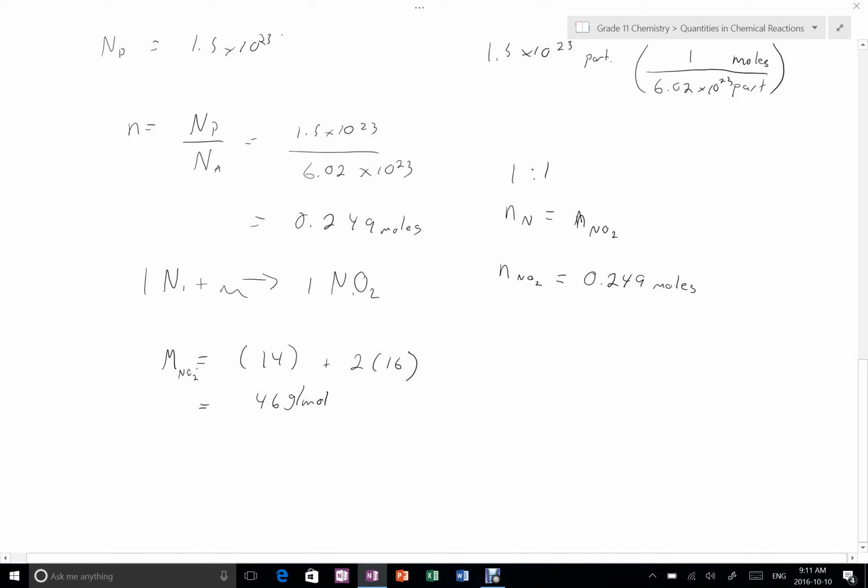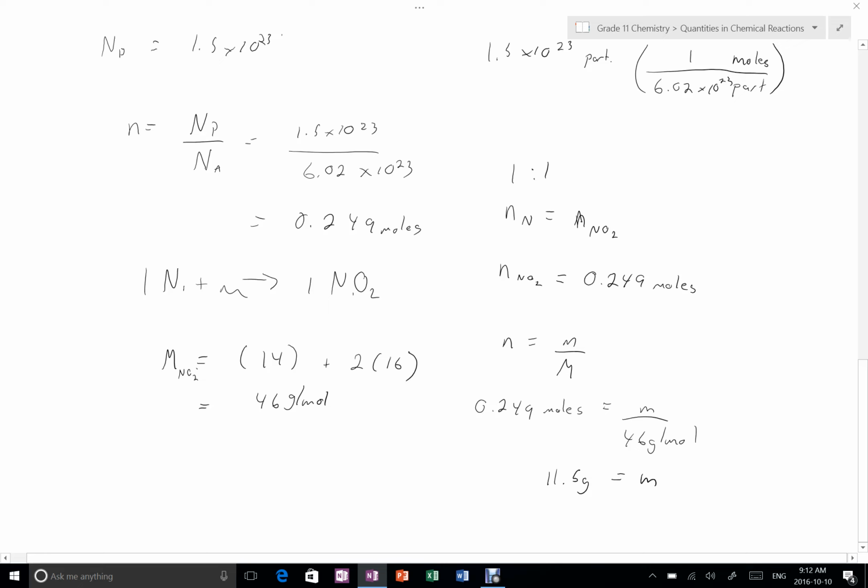And so, moles is equal to mass divided by molar mass. So 0.249 moles is equal to mass divided by 46 grams per mole. So I got 11.5 grams.